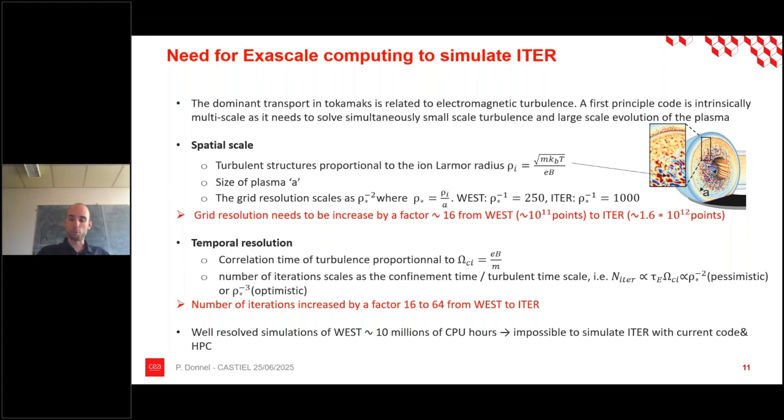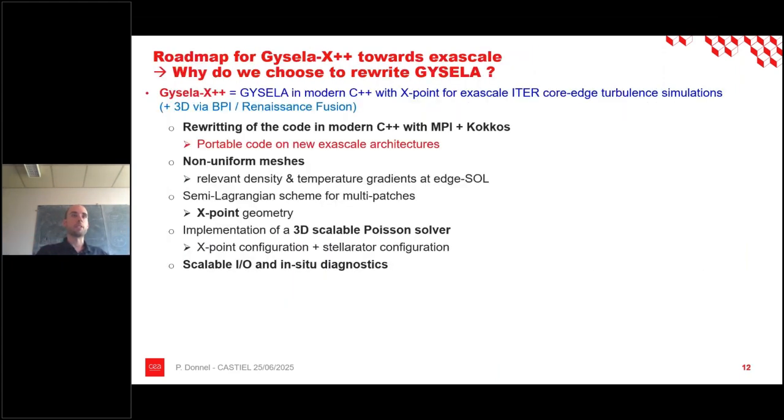And so that's why we decided to develop a new code called Gysela-X++, which is more or less a rewriting of Gysela, but using modern C++. And then for the parallelization part, we will use MPI and Kokkos. Kokkos allows to have portable code, which is compatible both with CPUs and GPUs natively.